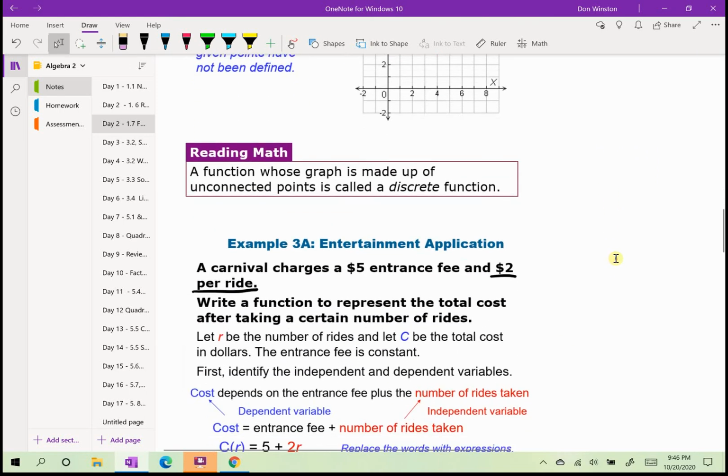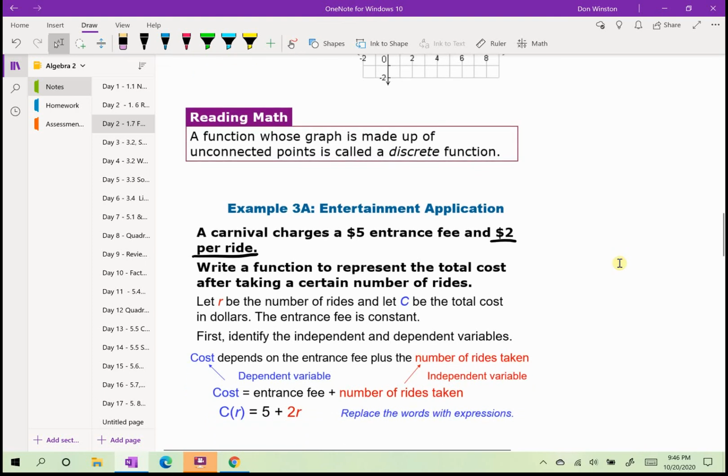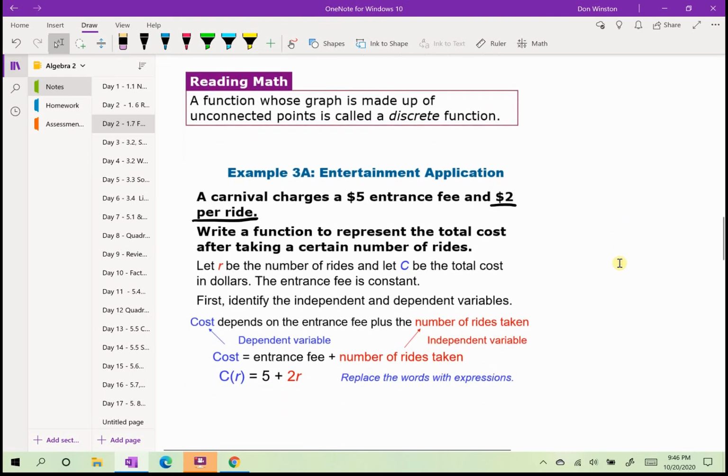So let's look at some examples, and these will be discrete functions as well. A carnival charges $5 entry fee and $2 per ride. So the cost you pay depends on the number of rides you ride. If you go to a carnival or Valley Fair and they charge you $5 just to get in, you only spend $5 once. But for every ride you ride, they're going to charge you $2.